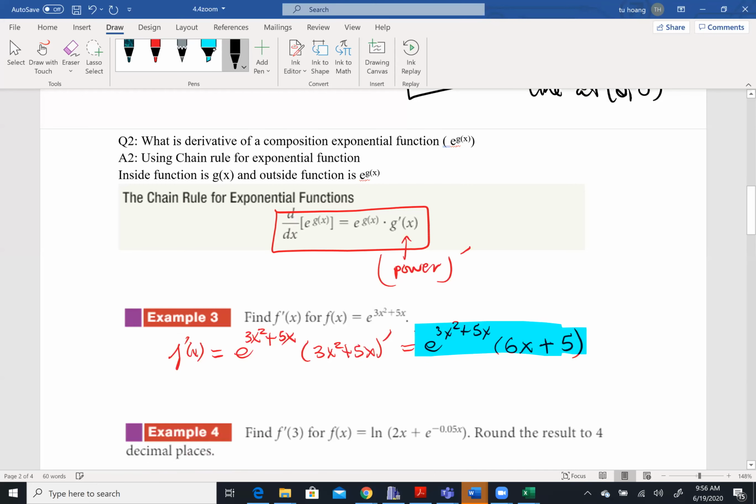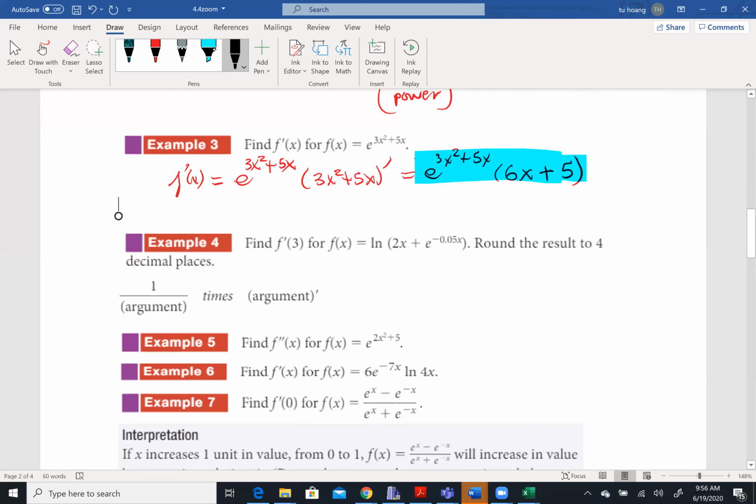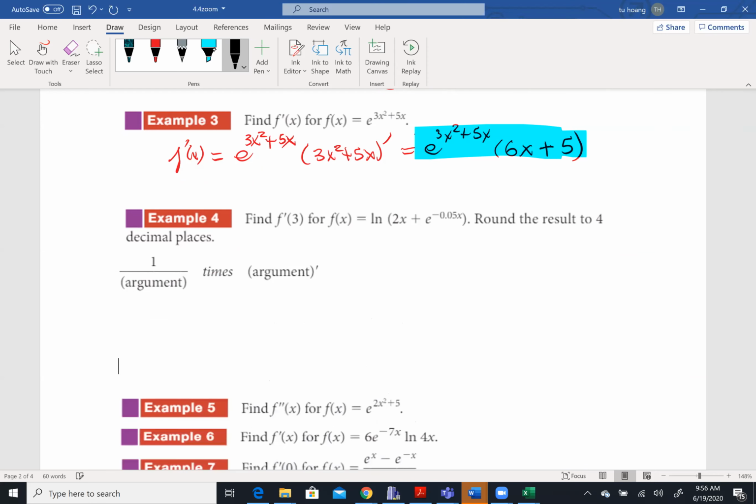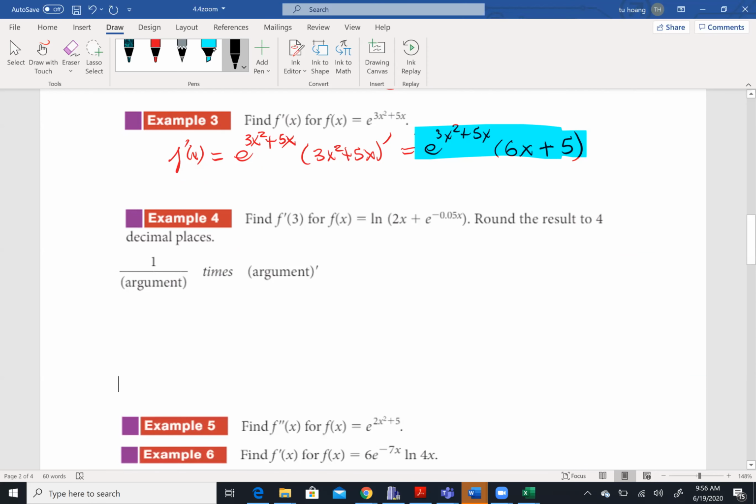So that is done for example 3, and I would like to apply the derivative of exponential rule to a composition with the natural log also.